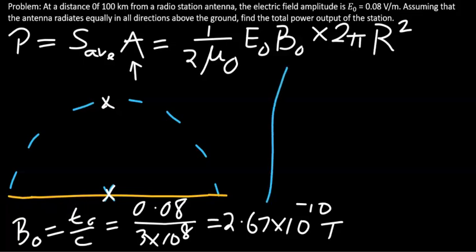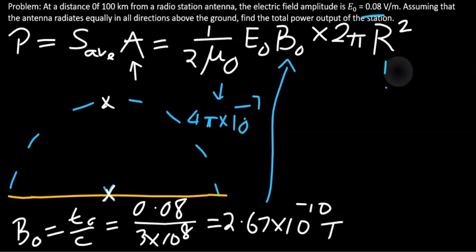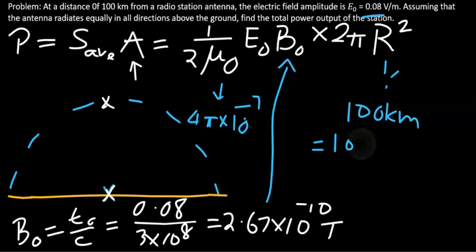Substituting this in here, E naught is 0.08, mu naught is 4 pi times 10 to the power minus 7 in SI unit, and r, the radius, is simply 100 kilometers. You have to change that into meters, so 100,000 meters.